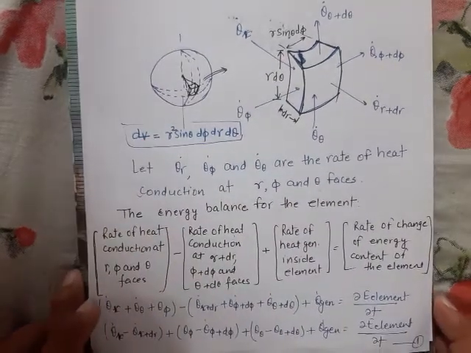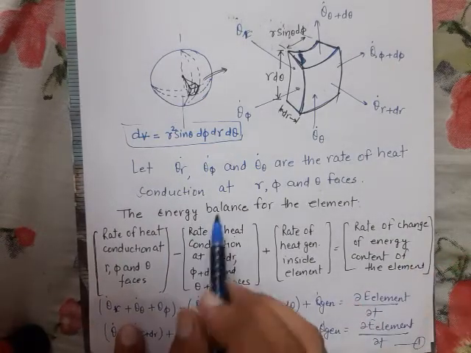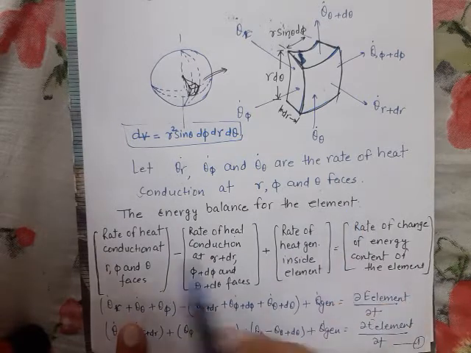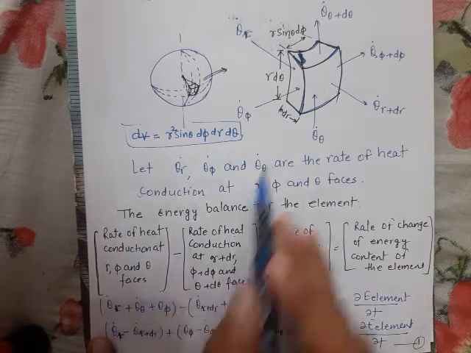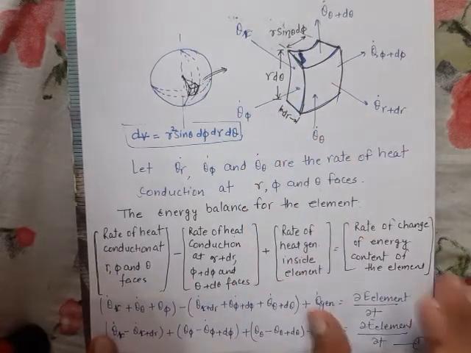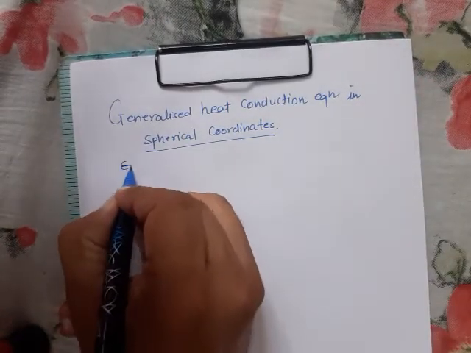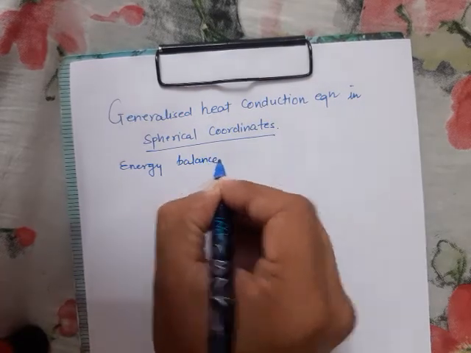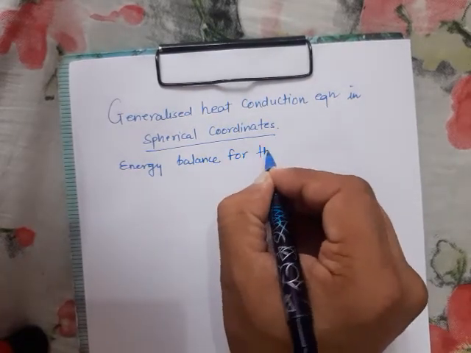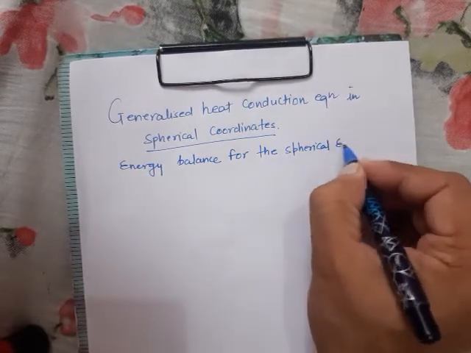Now please note, again I'm writing the energy balance for the element. The energy balance for the element can be written as rate of heat conduction at r, phi and theta faces. Let us write the energy balance for the spherical element.